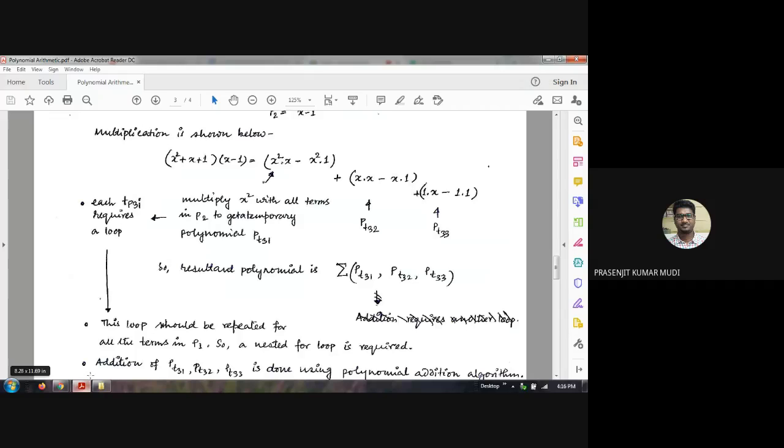Next, 1 is getting multiplied with x, minus 1 is getting multiplied with 1. So 1 into x minus 1 into 1. And that temporary polynomial is actually the third term of the resultant polynomial, PT33.